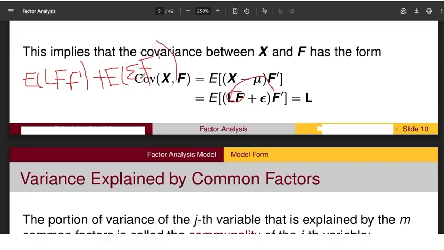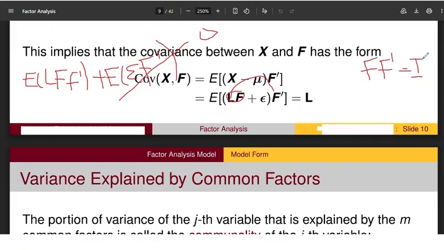What is the expectation of the error and the factor? We expect that one to be zero.